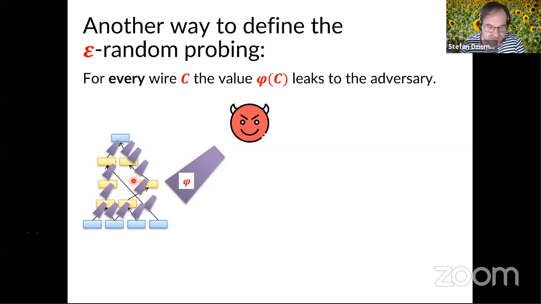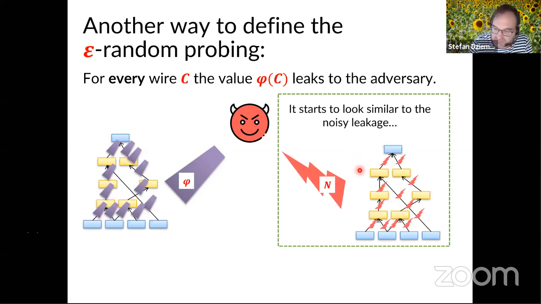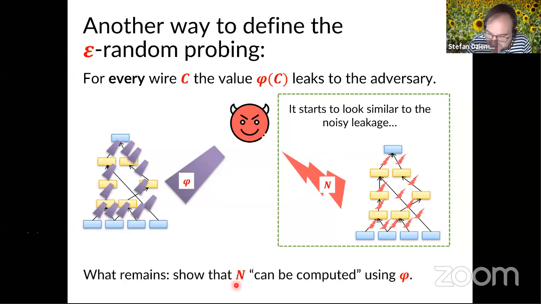It's just that in most cases it doesn't give any information. And now it finally starts to look similar to the noisy leakage, because it's applied to every wire. And what remains to show is that somehow n can be emulated or computed using phi, so that this leakage here can be simulated by this leakage here, just by looking at the outputs.